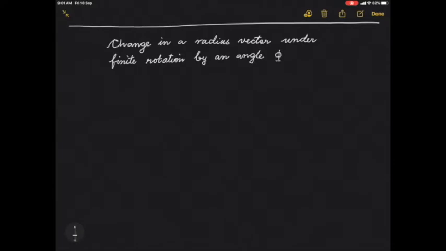By an angle, say phi, capital Phi, just what we have been using, about an axis.